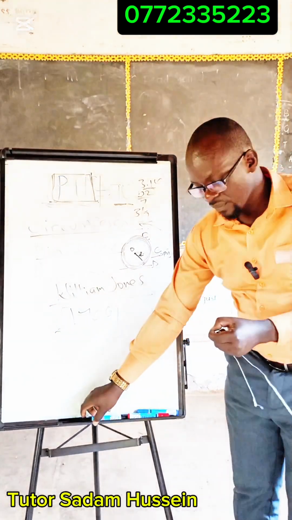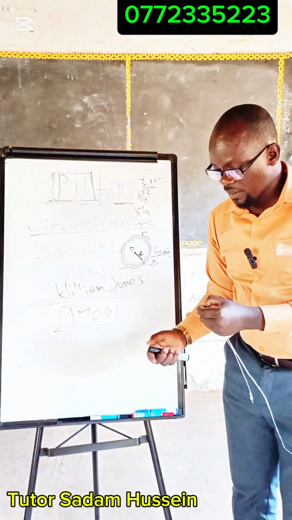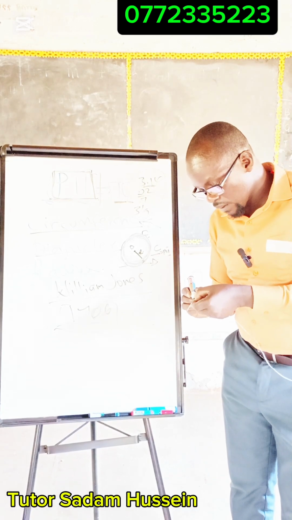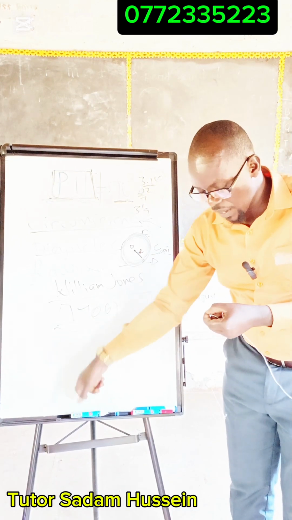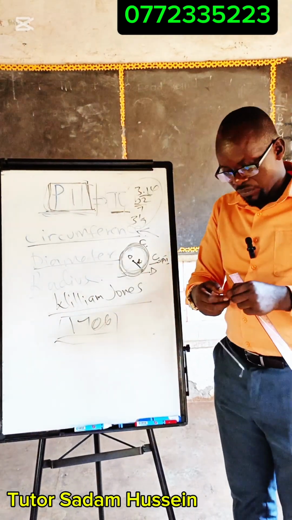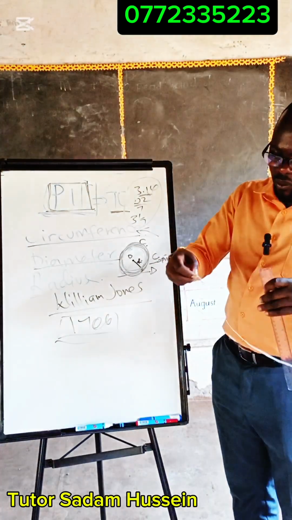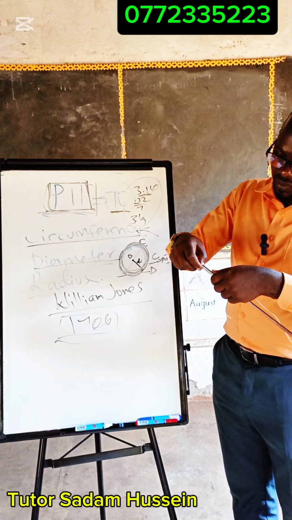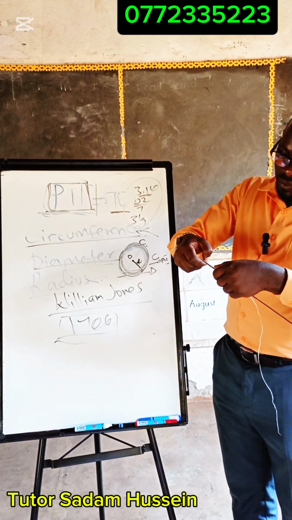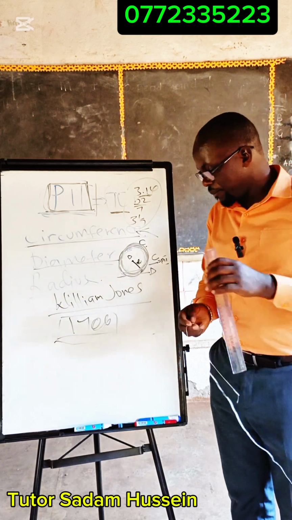And then I get my item. I mark it. So after marking, I see the distance which has remained. From here, I'm calling it distance because we are saying circumference is the total distance round a given figure. So this is 1.5.